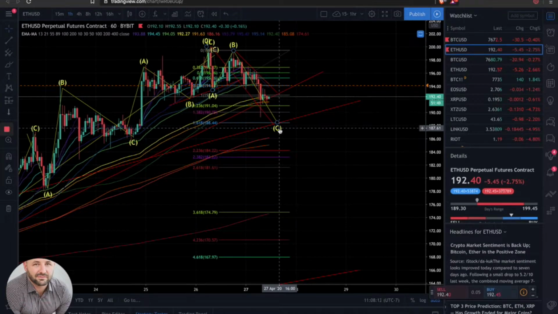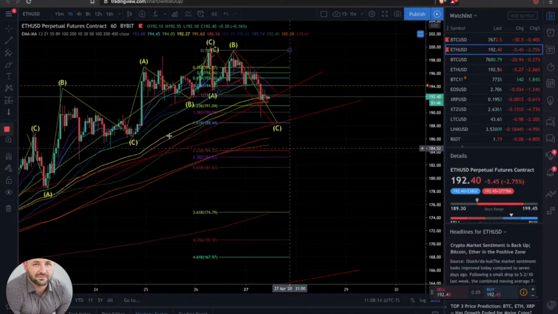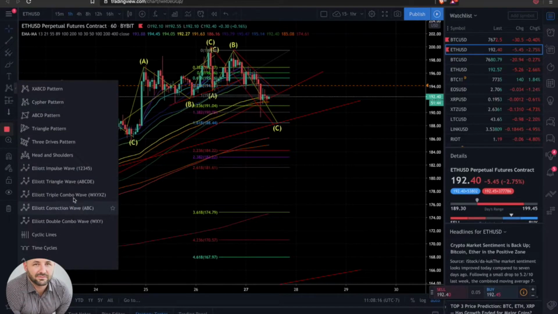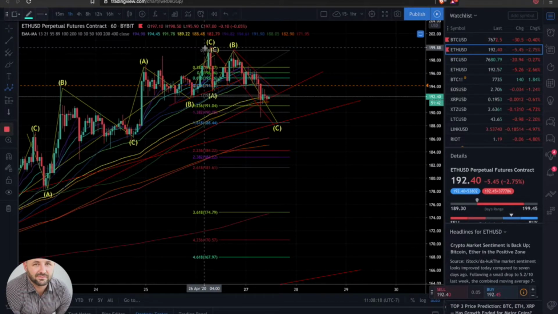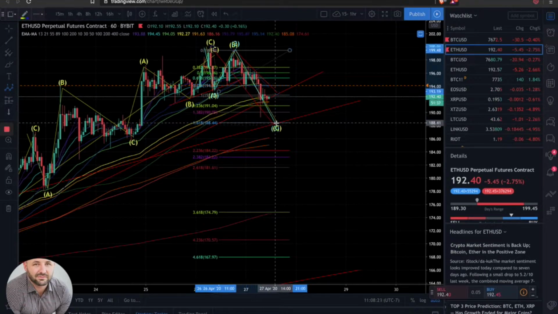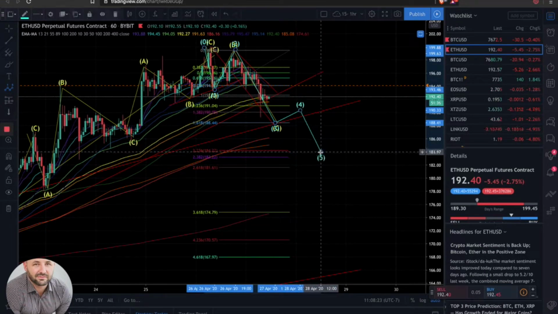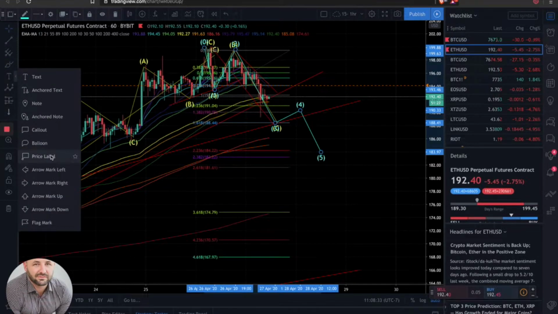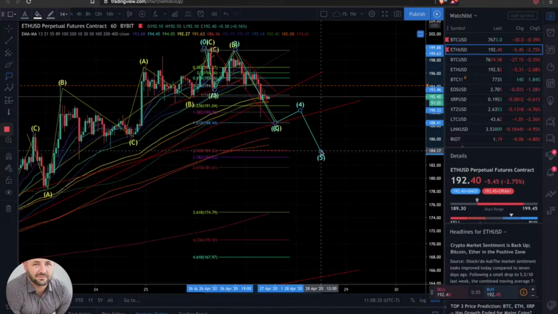We'll get confirmation if we do come down and tag the 2.236 and make a move that is going to be 5 waves. So it would be a 1, 2, 3, 4, and a 5. Now, if we do have that, that is going to be kicking off impulsively, and that is going to lead to further downside, in my opinion, because it is going to be a 5-wave move.